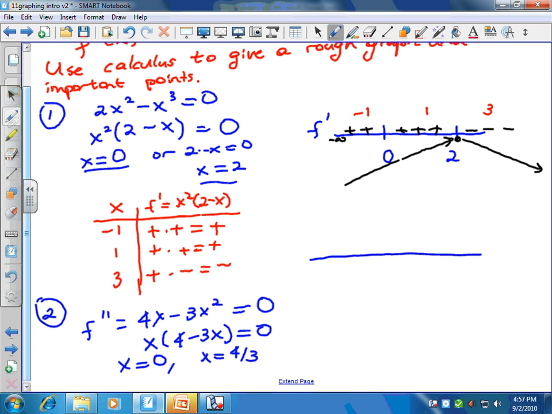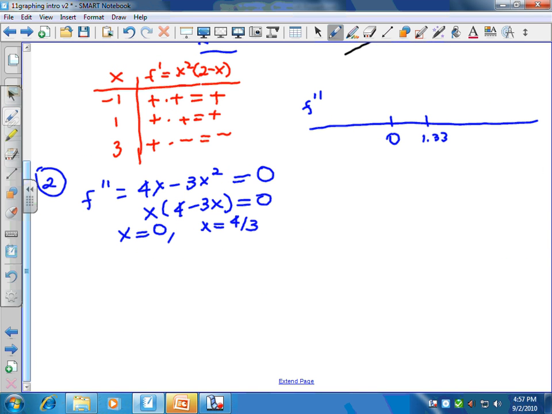So here's the f double prime chart. The potential inflection points are 0 and 4/3, which is like 1.33. So I'll put it over here. So I need to do a sign chart for f double prime. Now, should I be putting these points over here?